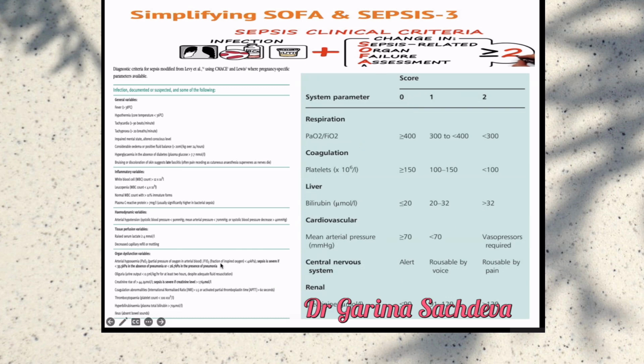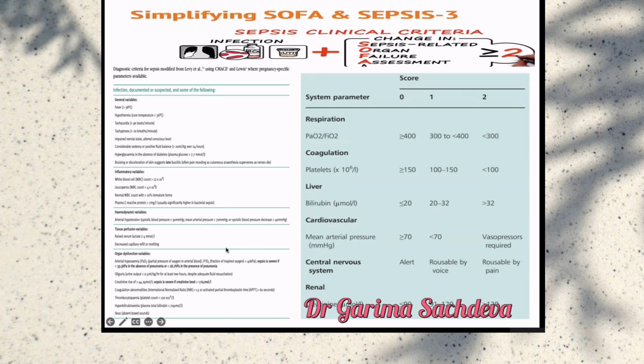And for documentation of the infection, how can you document? Either there can be general variables: fever, hypothermia, tachycardia, tachypnea, impaired mental state, considerable edema or fluid imbalance, hyperglycemia, or discoloration of the skin. These are general. Or WBC count is more, or there is leukopenia, or immature cells are more, CRP is high, arterial hypotension is there, lactate is more, lactate more than or equal to 4.